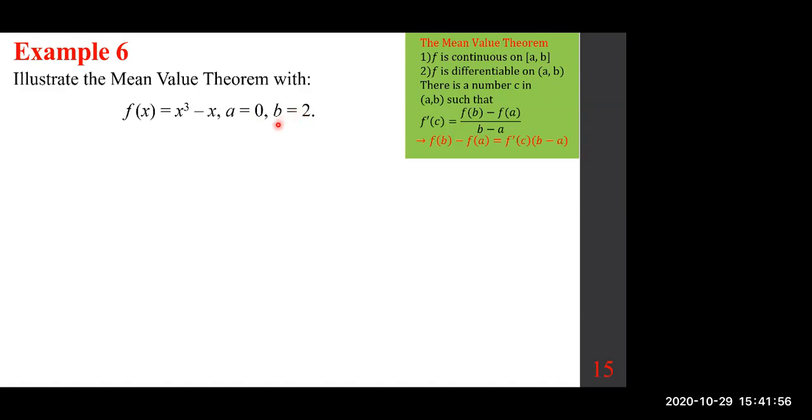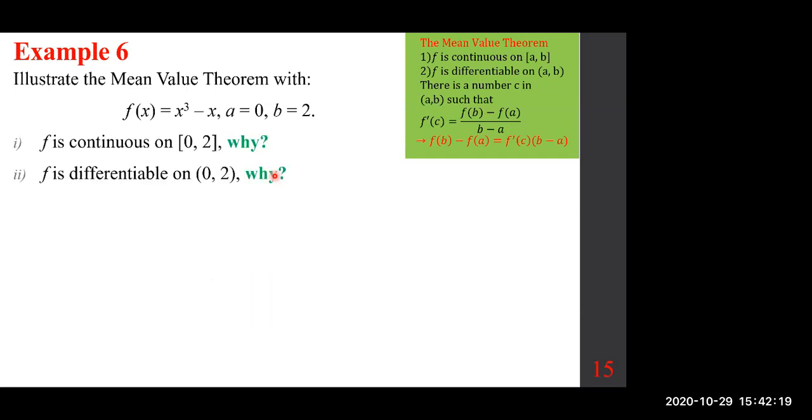So we need to find f prime, which is 3x squared minus 1. And then the bottom line is find the left side, f prime of x, and the right side of this equation, f of b minus f of a over b minus a, and set them equal. So that's really the idea. Continuous and differentiable, I've mentioned why.